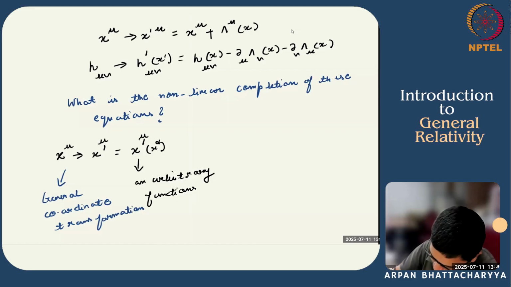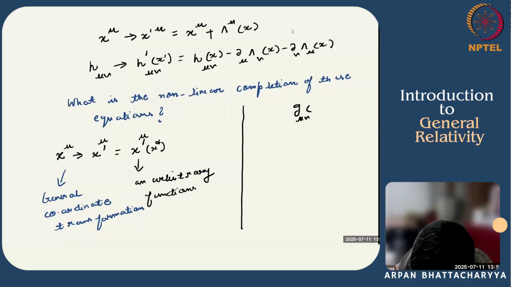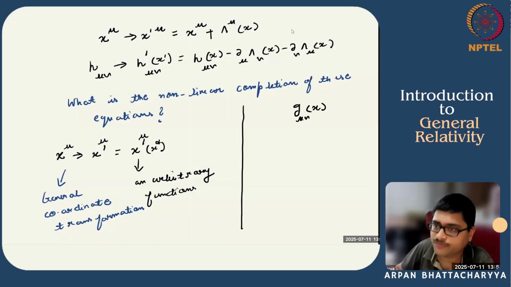Now remember that we have to work with the general metric, which we denoted by g mu nu, the components of which in general are functions of x. Unlike the Minkowski case, where the components are independent of x, and are just either 1, -1, or 0.